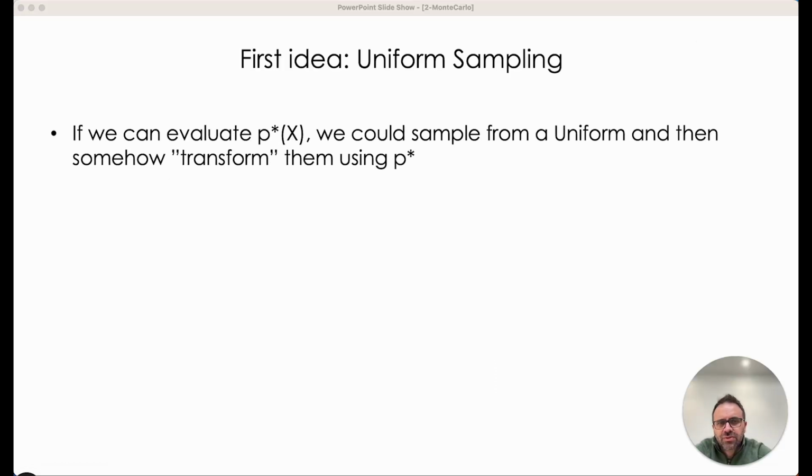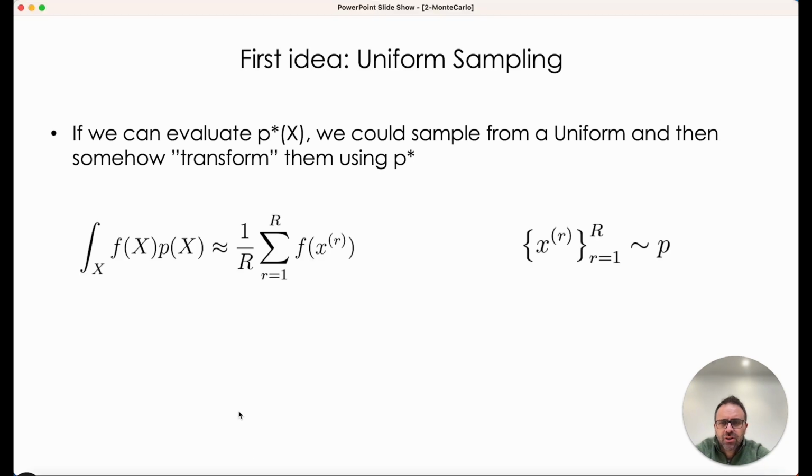And of course, the first idea is to use our uniform distribution as that first machine. So imagine that we use the uniform sampling method to create samples, and then using P star, which is the only thing we have in practice, we can transform those samples somehow. So recall this equation, right?